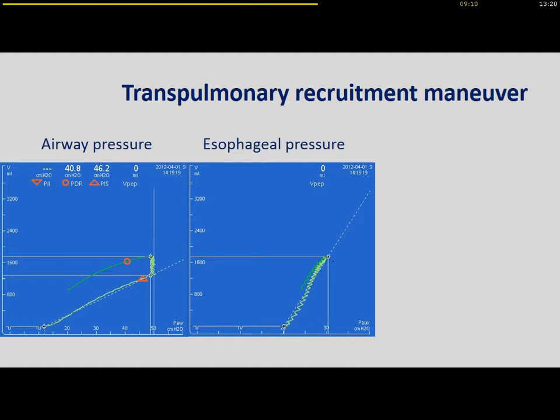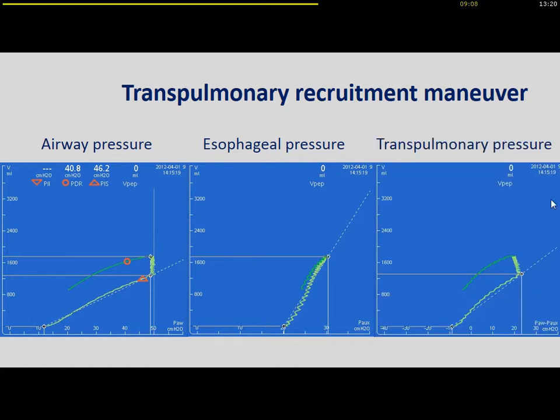This is what we expect. And if we display transpulmonary pressure during the recruitment maneuver, you see that all the recruitment is due to the lung, which is expected. But also, you can see that during the recruitment maneuver, the transpulmonary pressure, in this case, was around 24 centimeters of water. So this is a goal when we perform a recruitment maneuver.